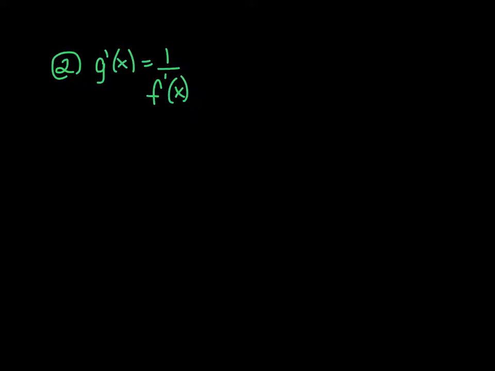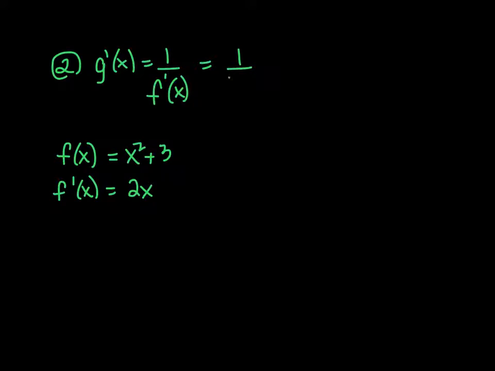All right, so we know that f of x is equal to x squared plus 3. Then that would mean that f prime of x is going to equal 2x, right? So over here, I'm going to plug in 1 over, and I know my f prime is 2x.